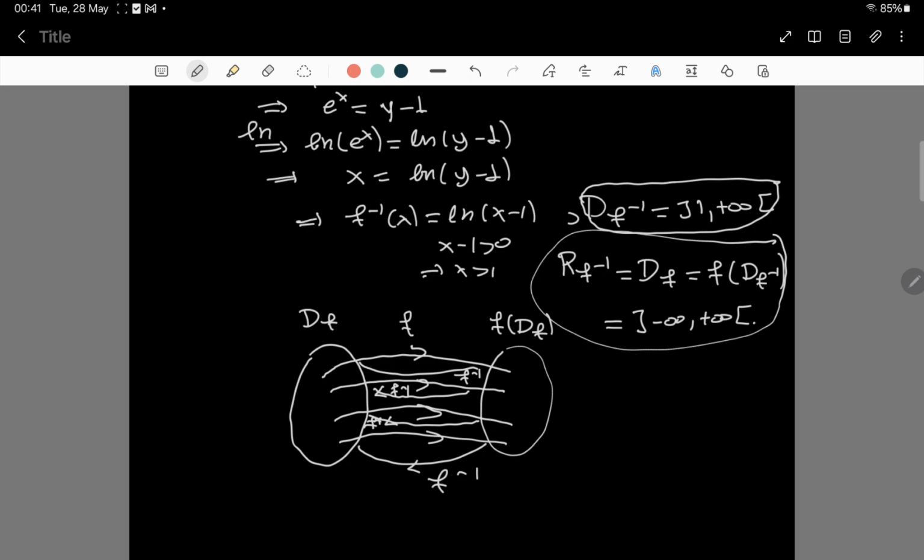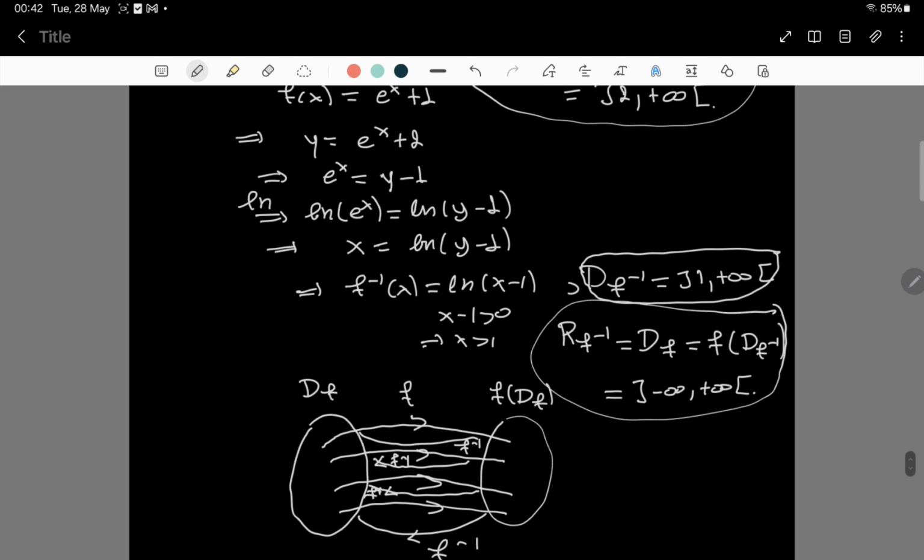So the domain of the function f is the range of the inverse function, and the domain of the inverse is the range of f.